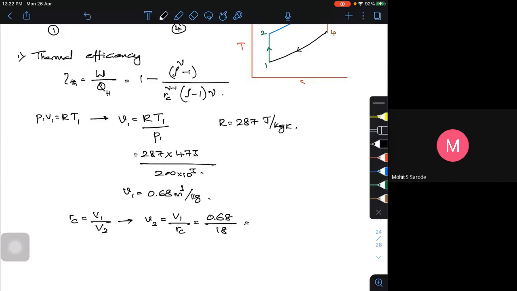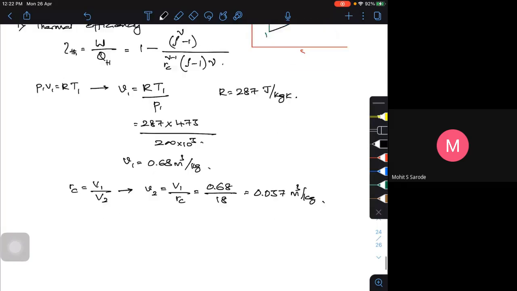If I put it, I am getting my V2 as 0.0377 meter cube per kg. Now the difference between this V1 and V2 will give your stroke volume. So 0.68 minus 0.037 will give your stroke volume.